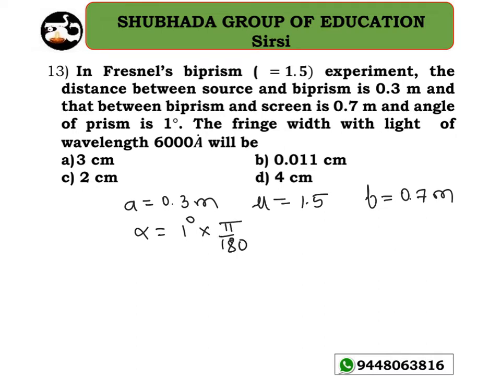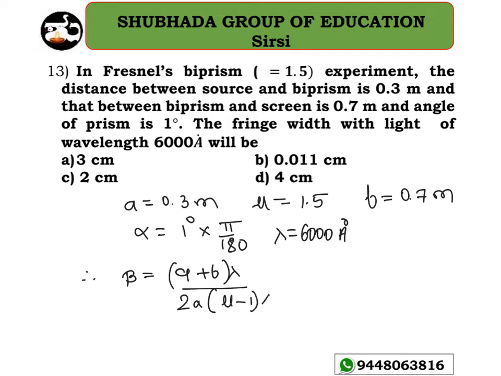Now we need to calculate the fringe width with light of wavelength lambda equal to 6000 angstrom. What is the formula to calculate the fringe width? Beta is equal to (a plus b) into lambda divided by 2 times a into (mu minus 1) into alpha.